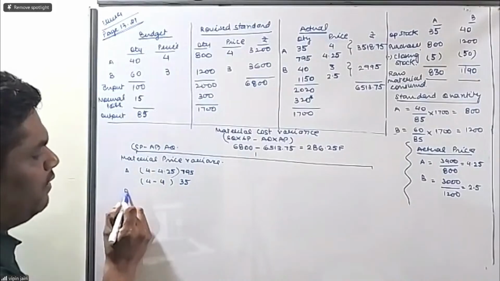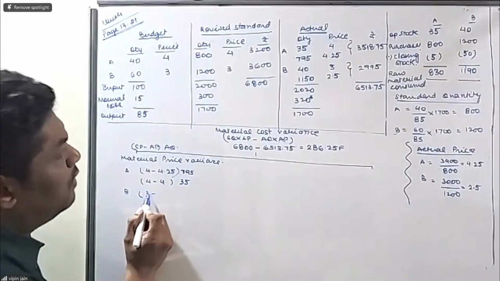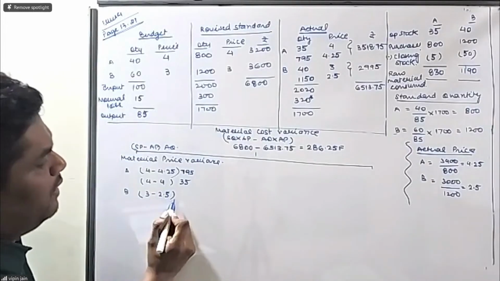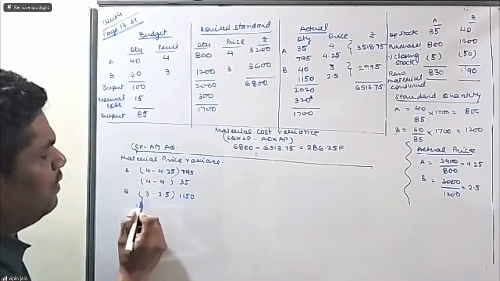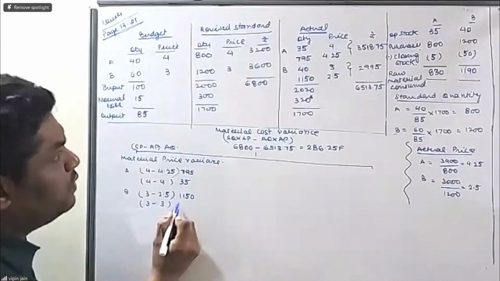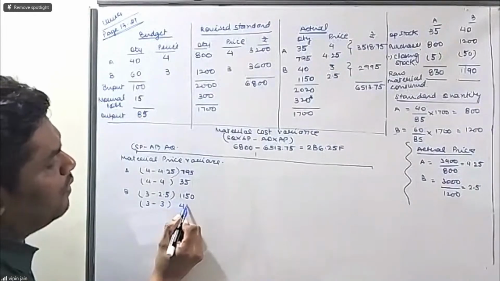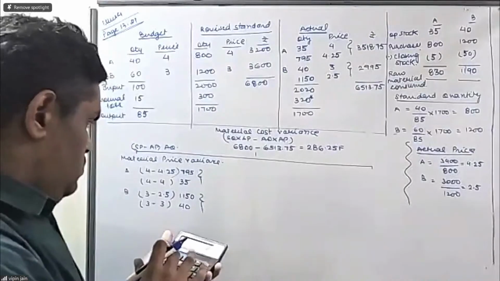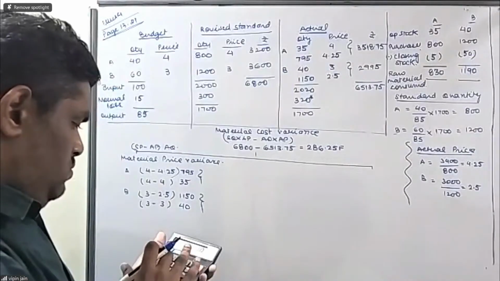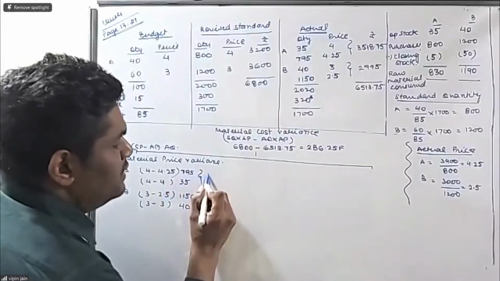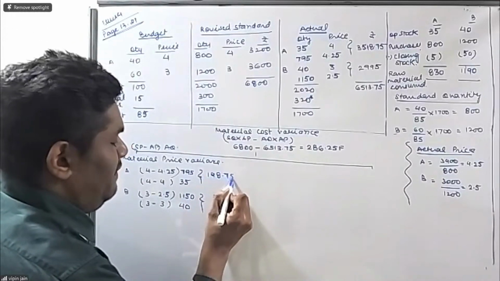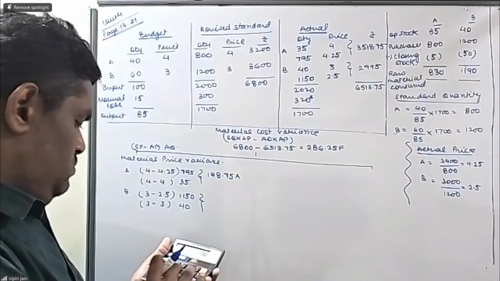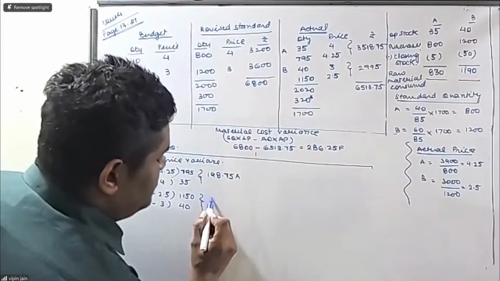This will be for A, and for B it will be 3 minus 2.5 into 1150 and 3 minus 3 into 50. So this will be 198.75 adverse.